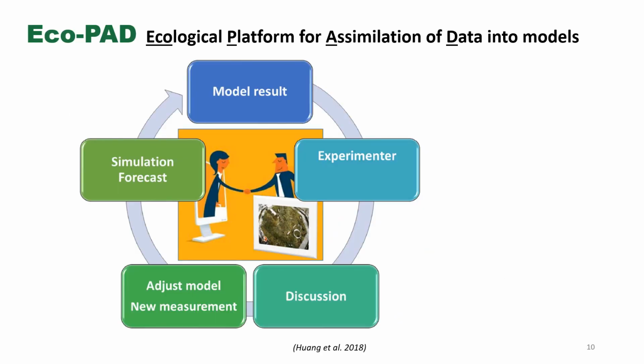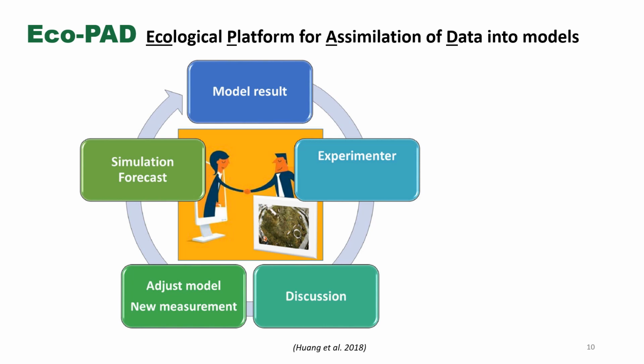EcoPAD can predict how ecosystems respond to treatment on both short and long terms. It could also inform the experimenters which datasets are important to collect in order to understand the ecosystem and improve model performance.